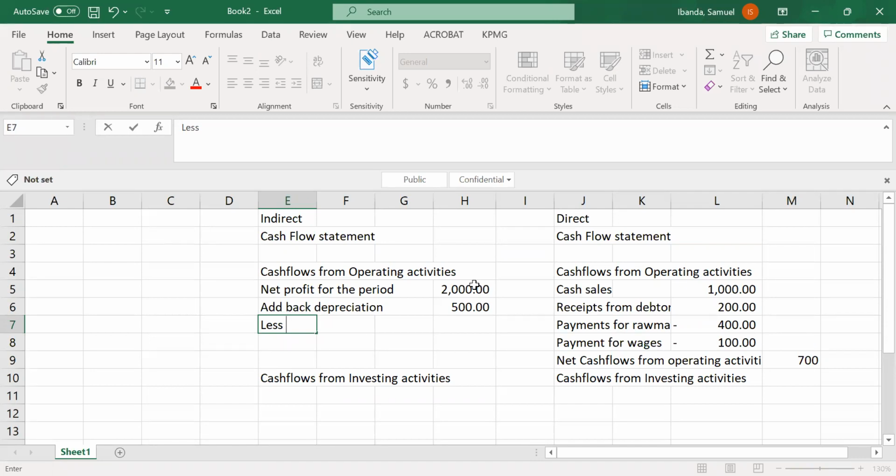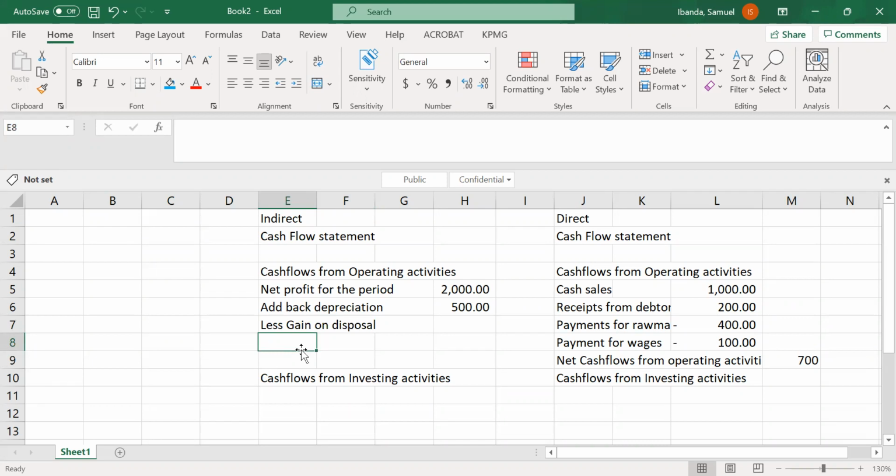So we are trying to separate items that are non-cash with those that are cash. And in the cash flow statement, we only look at those that are of cash. So if we had the gain on disposal, it will be removed here.